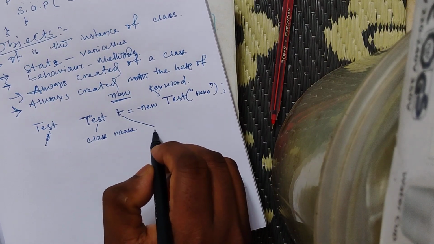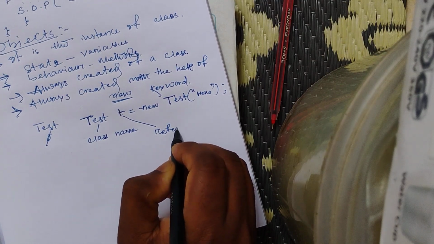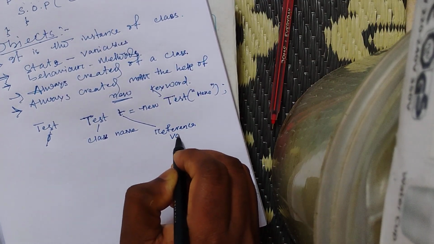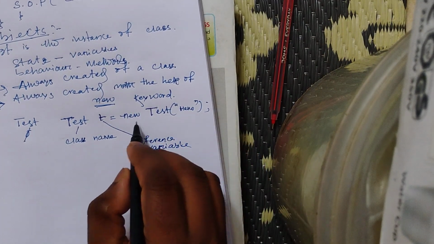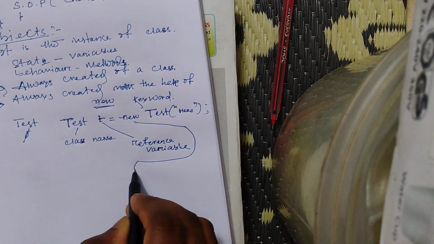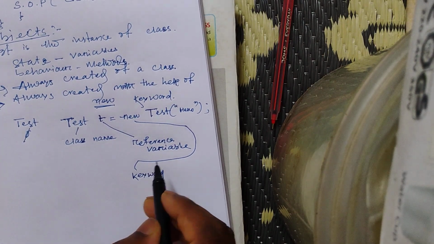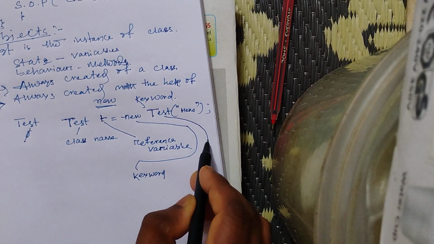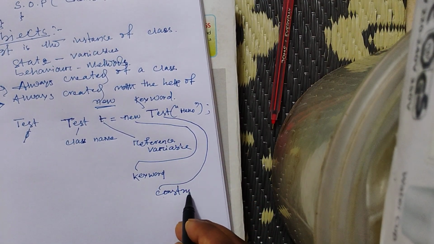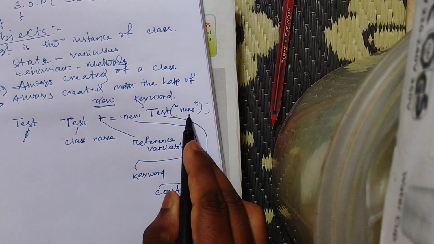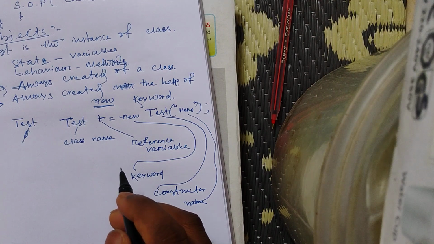This is the reference variable. This is the keyword which is used for creating objects. This is, you can say, the constructor. This is the value.